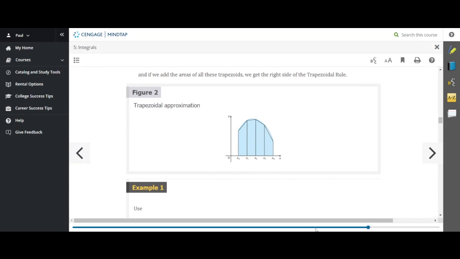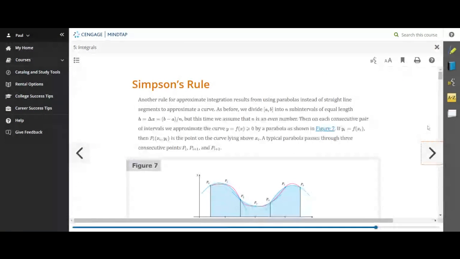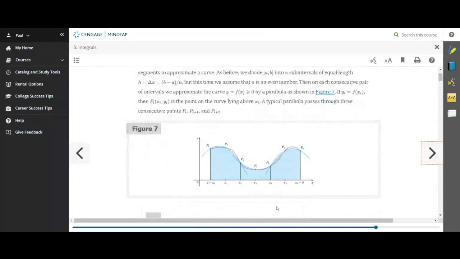Now, if we were to use instead parabolas to approximate the curve under each subinterval, as in figure 7: you take each subinterval, pick a left endpoint, a right endpoint, and a midpoint, and pass a parabola through the function values for those three points.